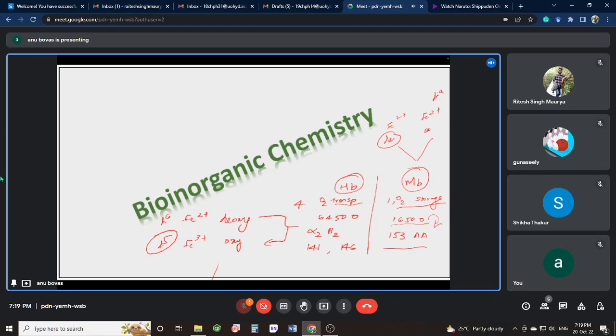In oxy hemocyanin, Cu2 plus d9, but still it will be diamagnetic due to antiferromagnetic coupling. In the previous case it was O2 minus superoxide, but in hemocyanin it will be O2 2 minus, peroxide. These are all the things we learned in the last class.